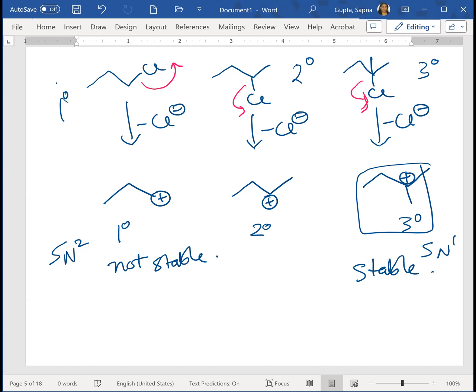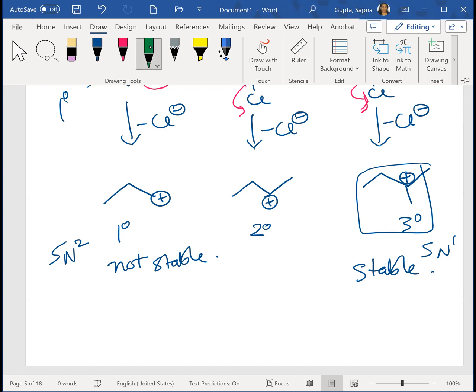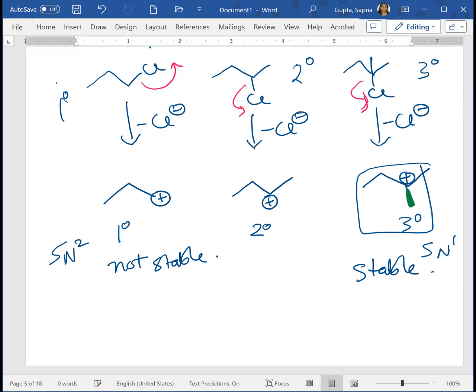So now let's talk a little bit about the stability. Why is it that a tertiary carbocation is stable and primary is not? That has to do with the number of carbons around it. Around the tertiary, you have 3 carbons right here. So now I'm going to bring back a word that you learned a while back, I think in chapter 3 when we did acids and bases, and that was called inductive effect.